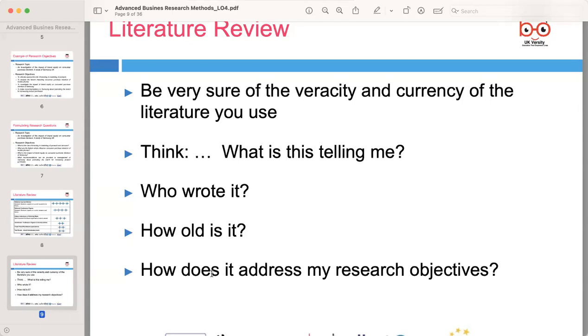And how does it address my research objectives? So examine how the literature addresses your research objectives. Does it provide relevant and meaningful insights that contribute to your research questions? Consider the key findings, methodologies employed, and the overall relevance of the study to your topic.